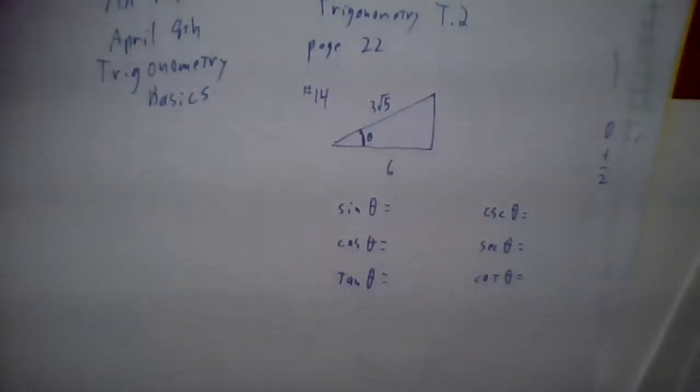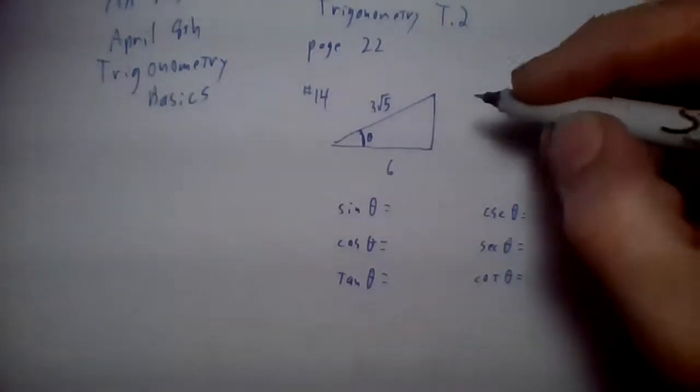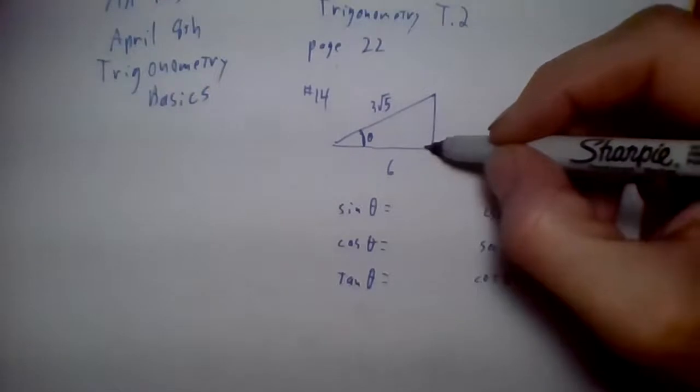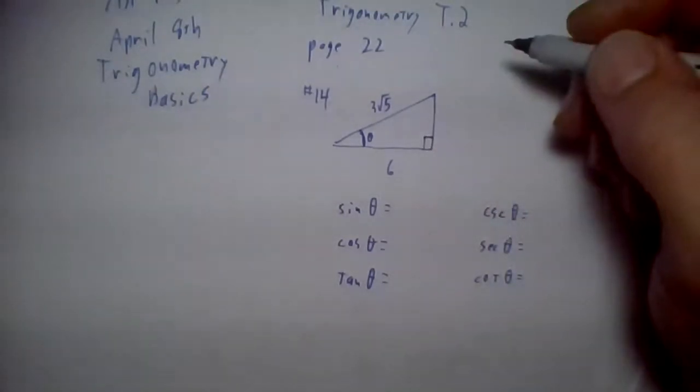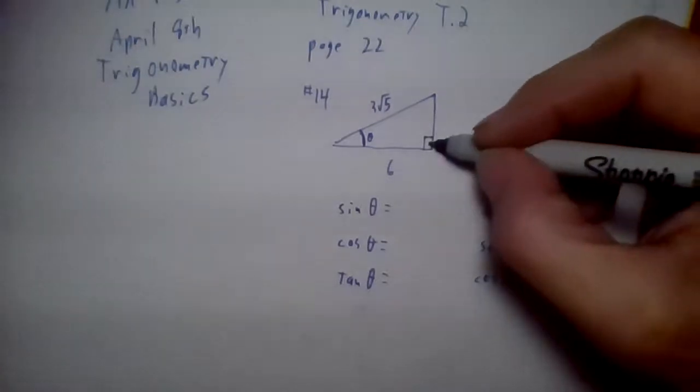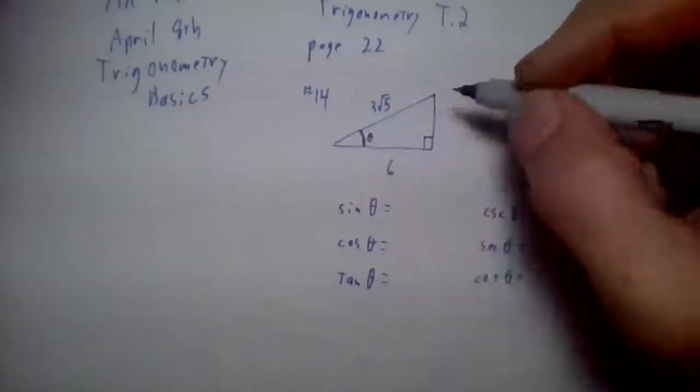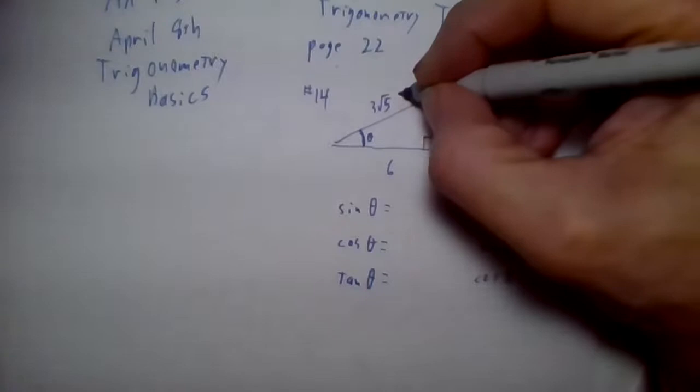Label some stuff that I got here. That's the angle that I'm dealing with in a right triangle. So I should have a little mark right here showing that this is the right angle. Across from the right angle, you have the diagonal side or the longest side, and this is called the hypotenuse.